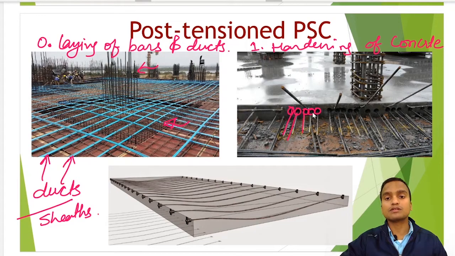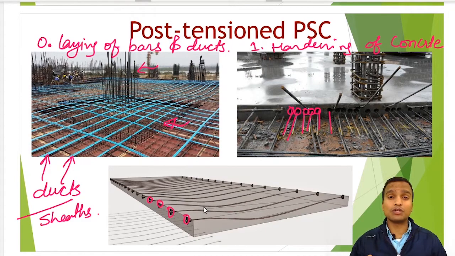You are seeing these tendons passing through these ducts. Then we apply jacks or anchorage devices at the end, and then we screw them. On screwing, the tensioning of the tendon is done. And if we want bonding, we grout the spaces beneath the ducts. That depends on whether we want bonded or non-bonded.